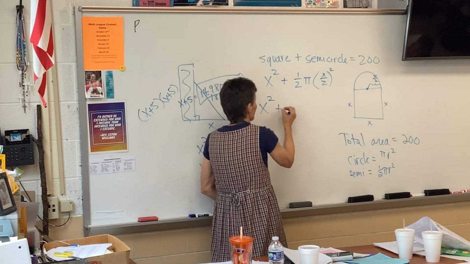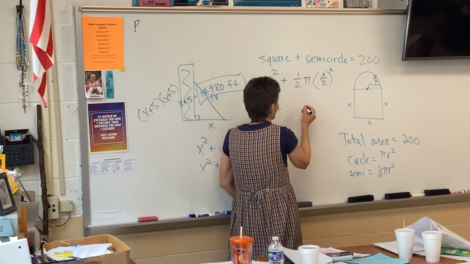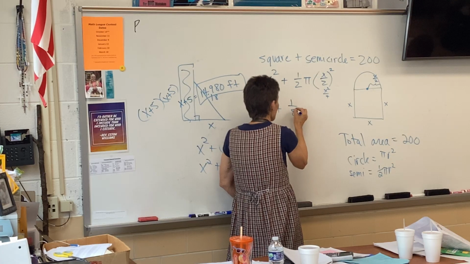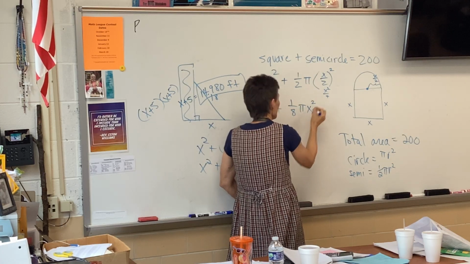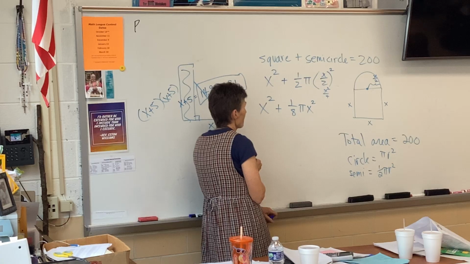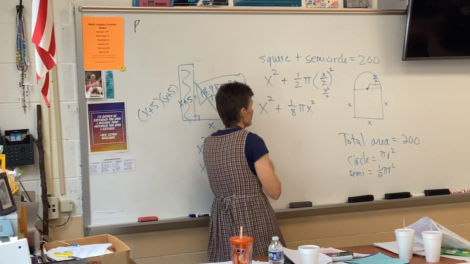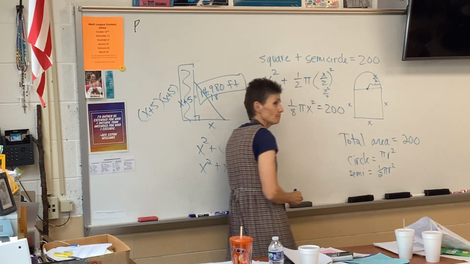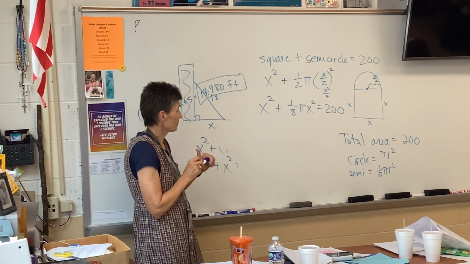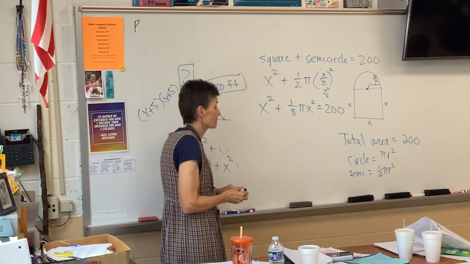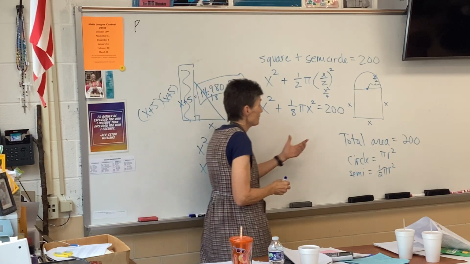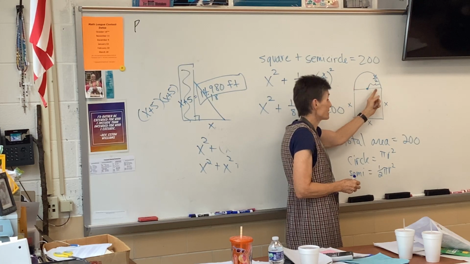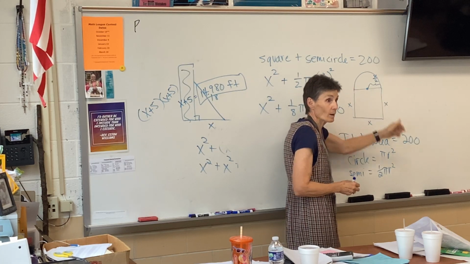Which is, see, that's x squared over 4, so 1/8 pi x squared, because that's 1/4 times a half, and that has to equal 200. How'd you get the radius? This is x, that's the diameter, so the radius is half of it. Right?